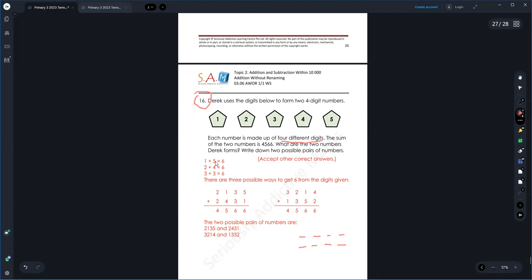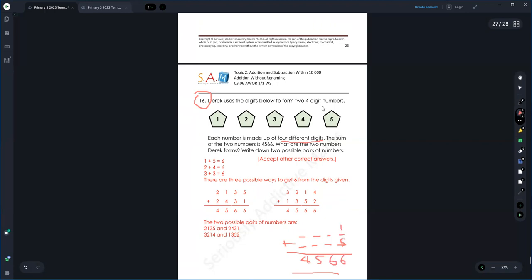So they try out the first pair. For example, if this is 1 and 5, then this must be 1, this is 5. The total must be 4,566.